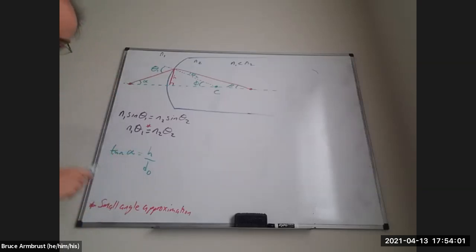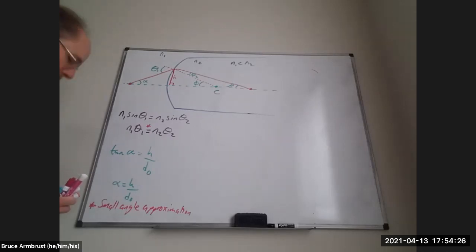All right, now what that tells me is, if the tangent of alpha is approximately h over dO, from the small angle approximation, that means that alpha is pretty much h over dO. So let me make my little mark that it was another small angle approximation.